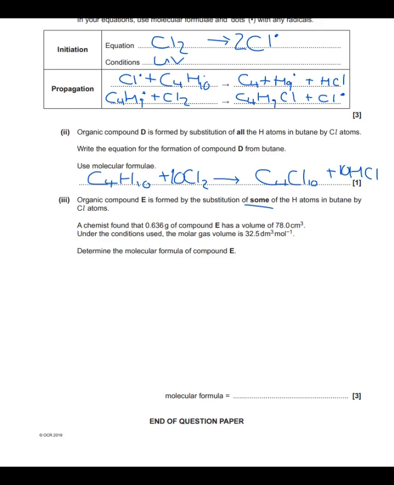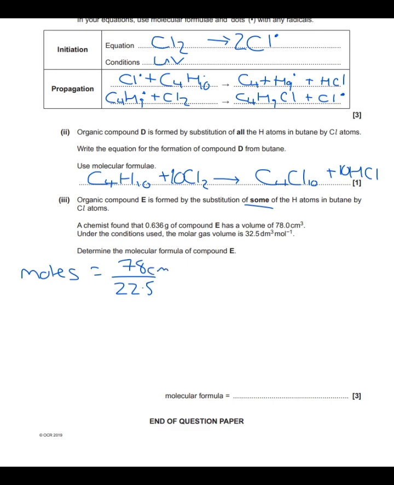So, first thing we're going to do is work out the moles of the gas. We know we've got a volume, so it's going to be the volume we've got divided by the molar volume, which we're given as 22.5.